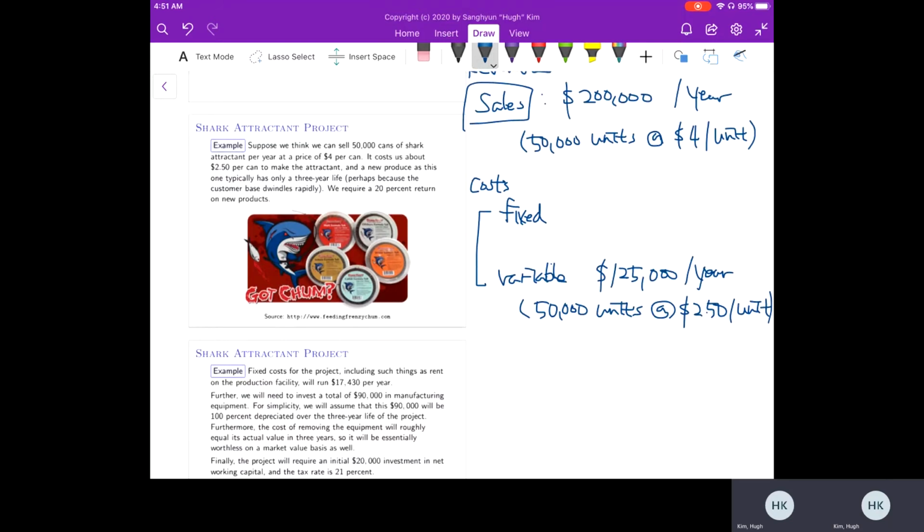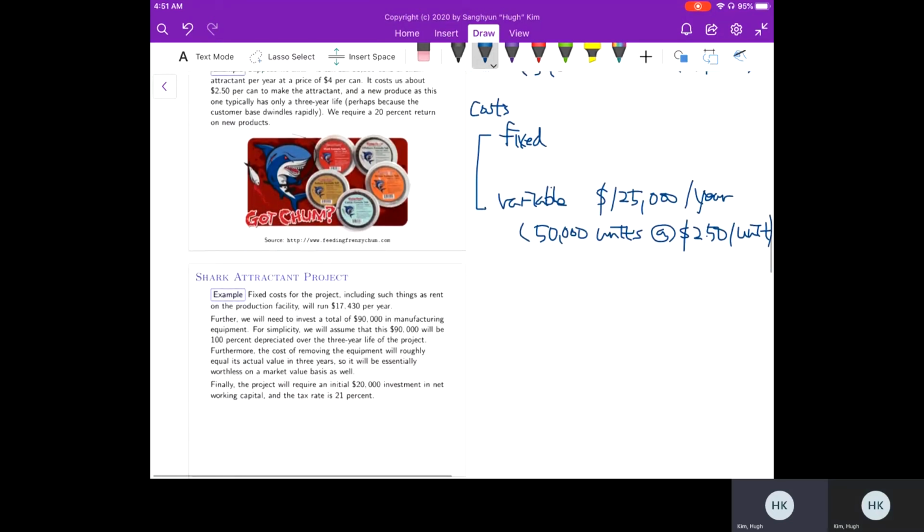And there is more information. The fixed cost for the project, which includes things like rent on the production facility, will run about $17,430 per year.